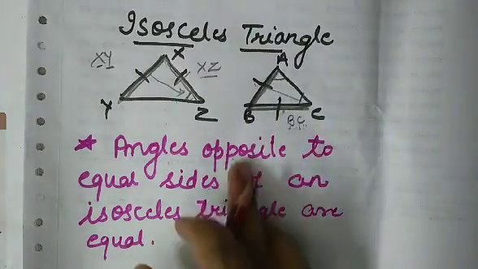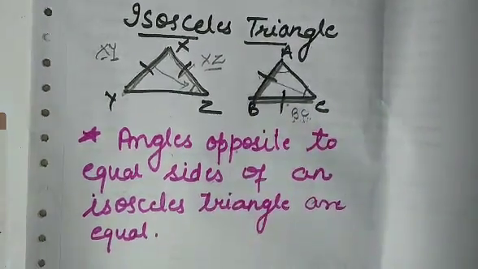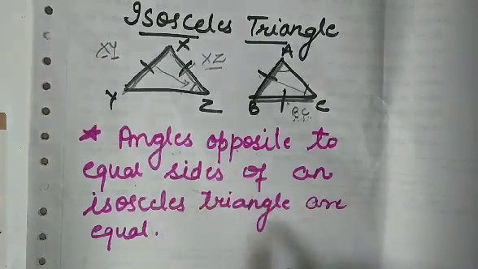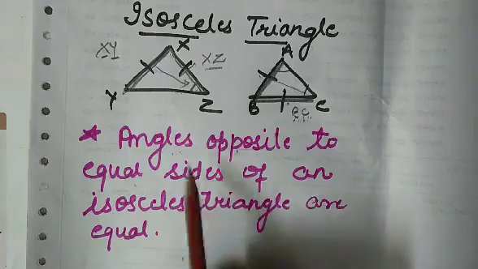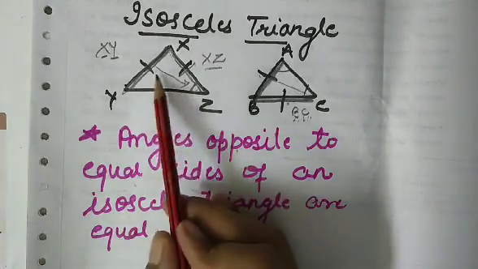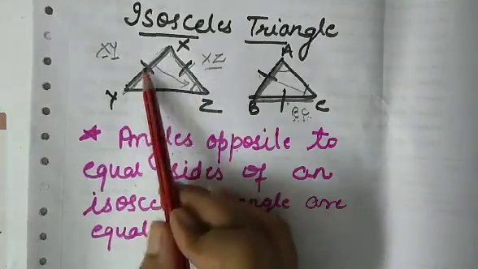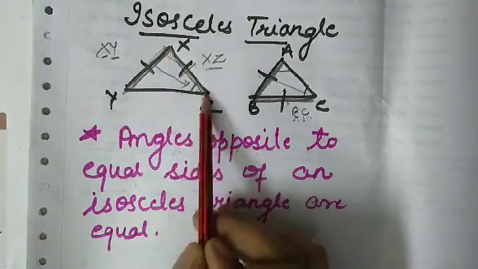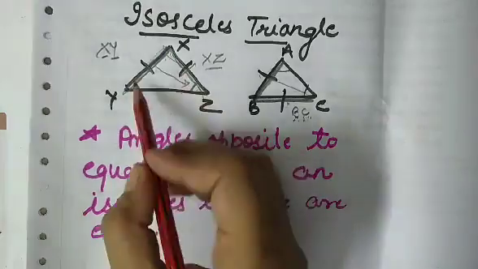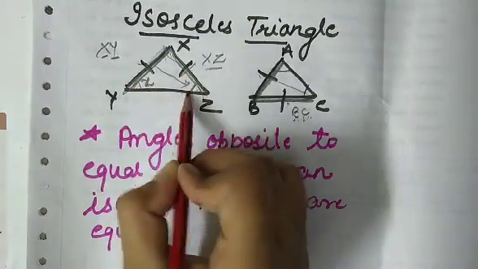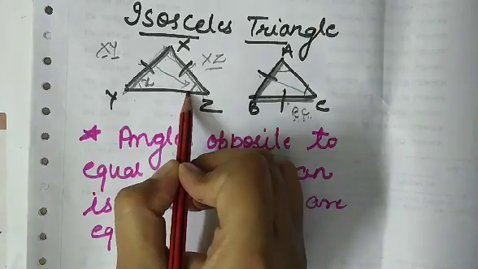Now what does this property say? Angles opposite to equal sides of an isosceles triangle are equal. If these are the two equal sides, the angle opposite to XY is Z and the angle opposite to XZ is Y. So if these sides are equal, these opposite angles are also equal. This is the property.